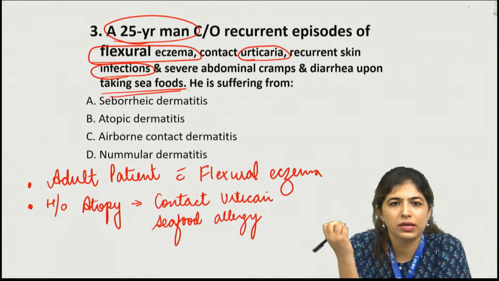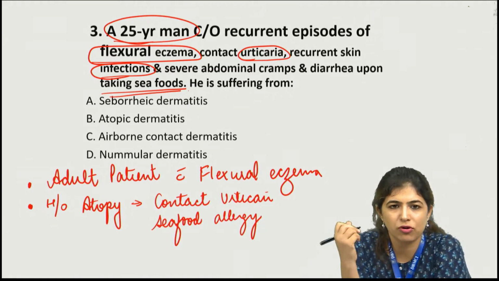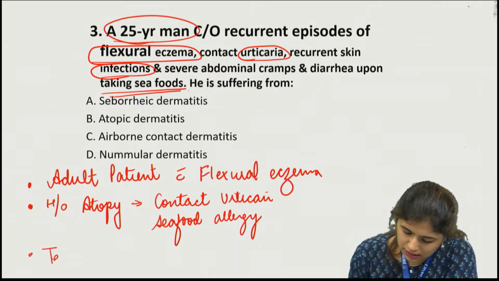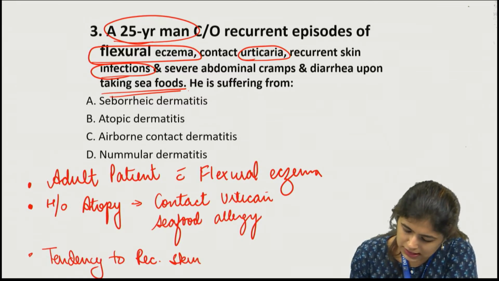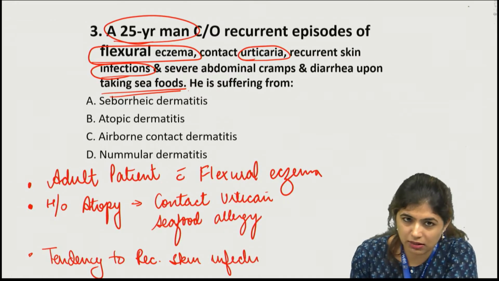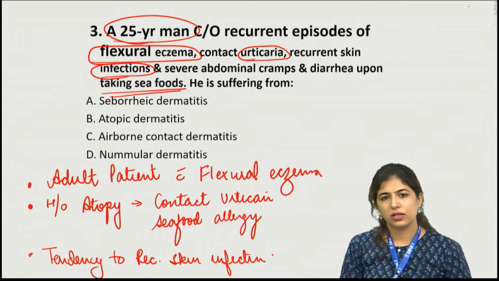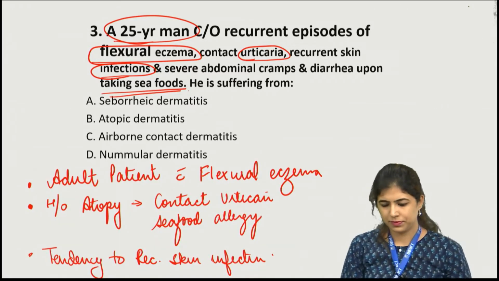Cramps and diarrhea upon taking seafood means the patient is suffering from a food allergy. Other than that, he has a tendency to recurrent skin infections. These are the points that the question gives us.